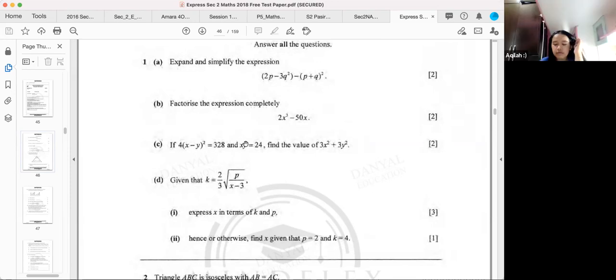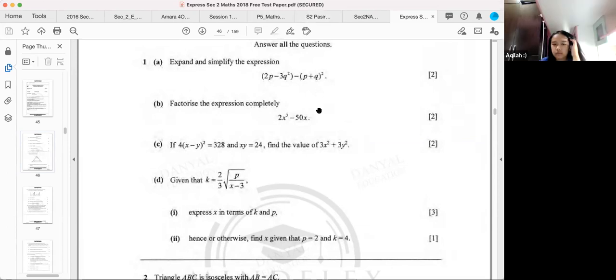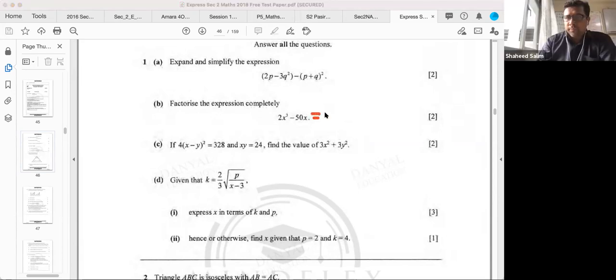X minus 25. X or x squared? X cannot be x. Okay, now once you take out x, right? Yeah. So once you take out x, hold on. Once you take out x and you take out 2, right?